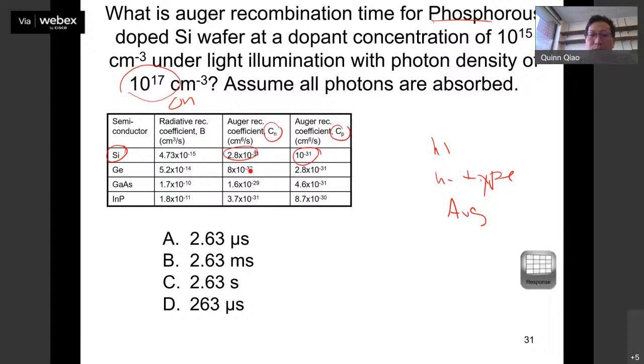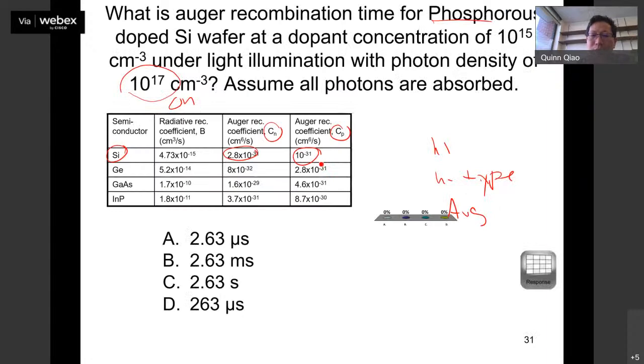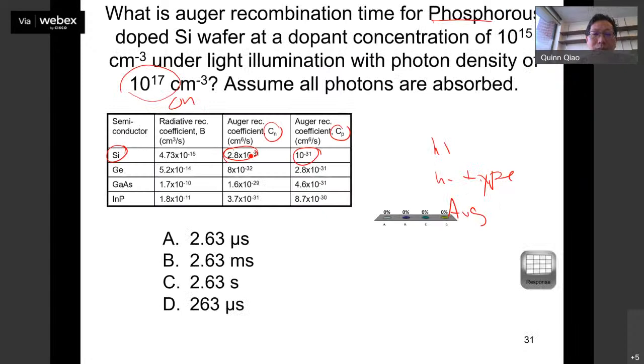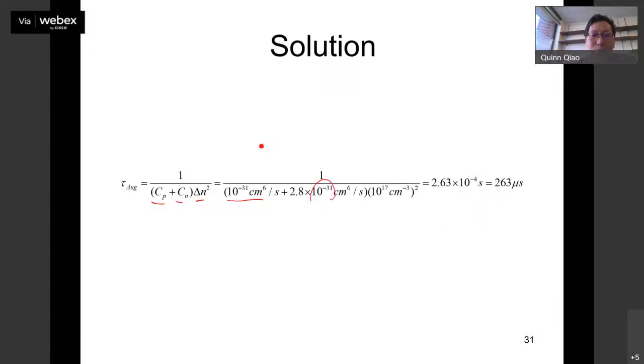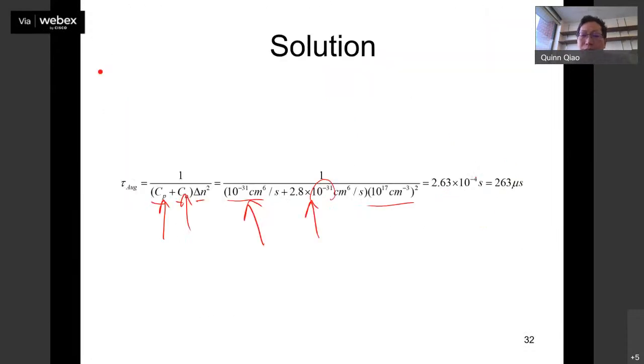Then in that equation, we know Cn, Cp, and delta n, and we just plug in the numbers. Look at this, 10 power 31, and then 10 power also 31, but 2.8, right? This and this plug in to here, and multiply the delta n, 10 power 17, right? That's how you get about 263, okay?